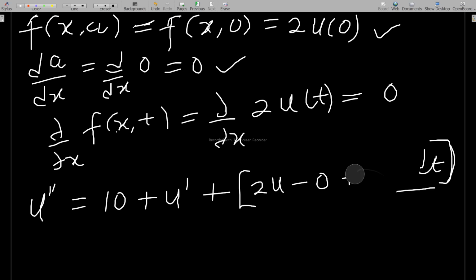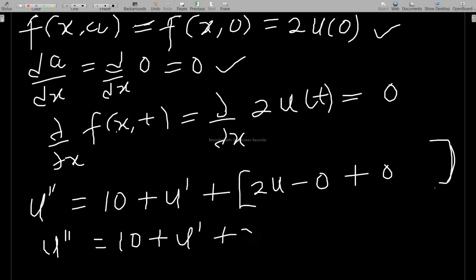I'm just taking my time to go through it. So all that I'll be left with is u double prime equal to 10 plus u prime plus 2u. And this is your required differential equation.